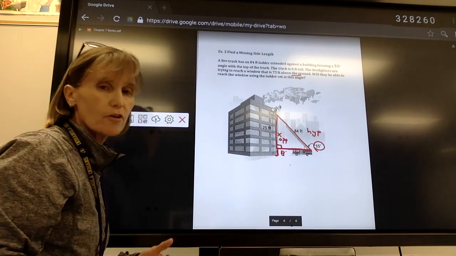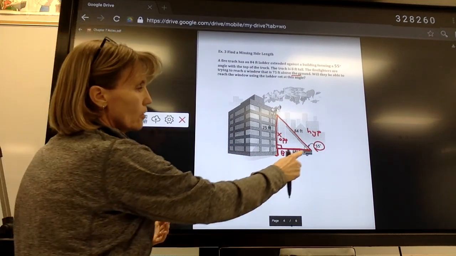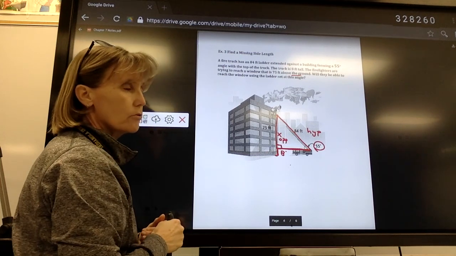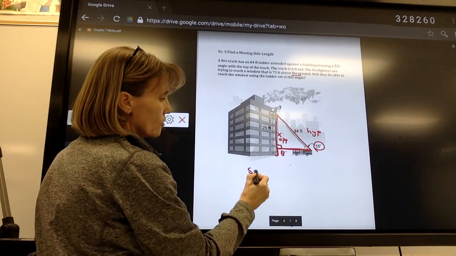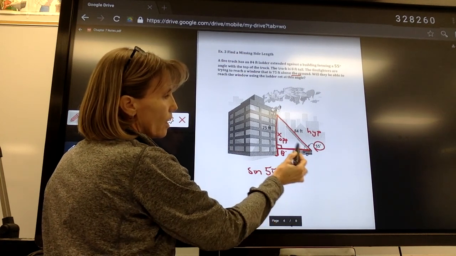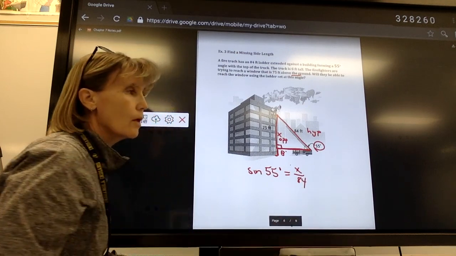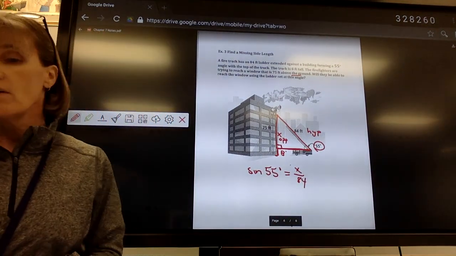So if you think of your trig formulas, is the sine, the cosine, or the tangent the one that includes the opposite and the hypotenuse? Well, that's the sine. So I say the sine of 55 degrees equals the opposite length, x, over the hypotenuse, which is 84. And I would go ahead and solve that equation.